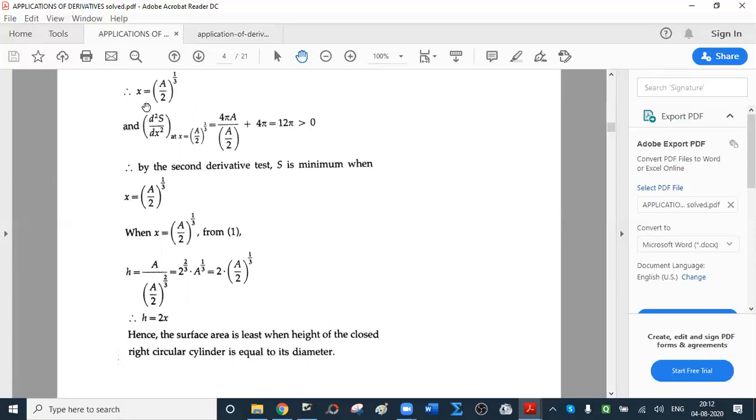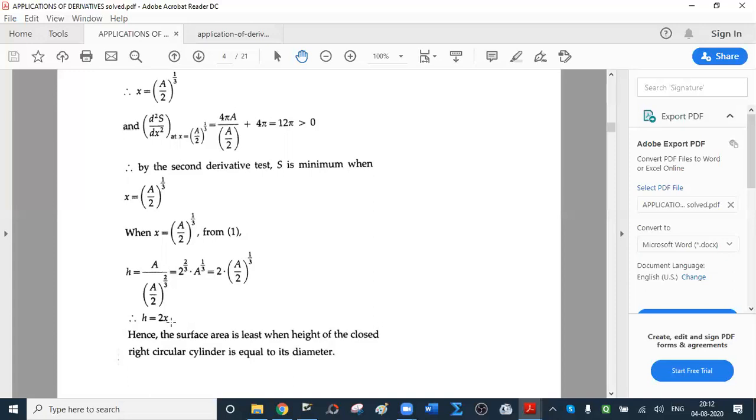Now the second derivative at this point, you will notice that it comes out to be 12 pi, which is greater than 0. So by the second derivative test, s is minimum when x equals a upon 2 raised to 1 by 3. Now when x is a upon 2 raised to 1 by 3, what is h? It comes out to be twice a upon 2 raised to 1 by 3.